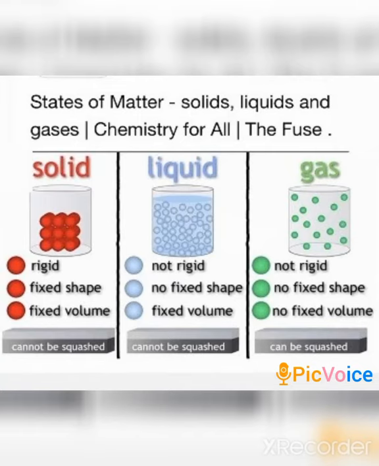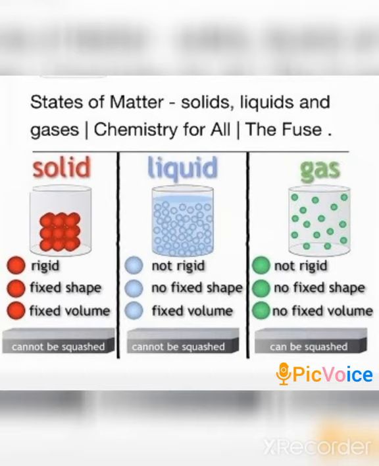This image tells us about the properties of solid, liquid and gases. With respect to the previous image, we have understood that the liquid doesn't have a fixed shape. It changes its shape according to the shape of the container. And it is not rigid even. It doesn't have a rigid shape.